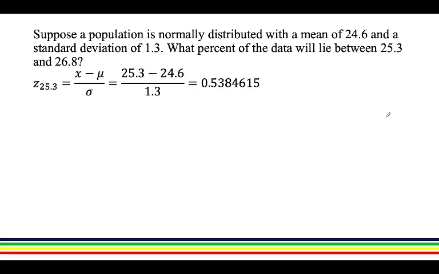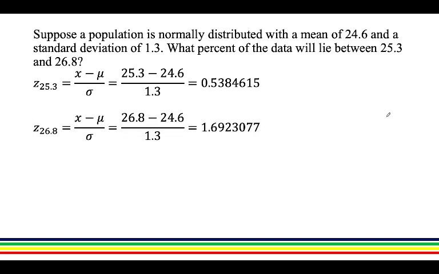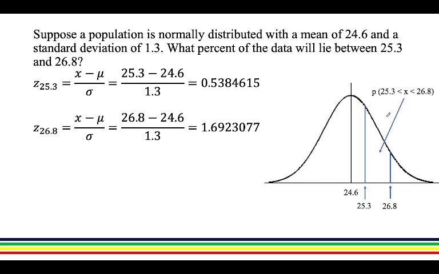And we have 0.5384615 for 25.3, and we have 1.69230077 for 26.8. In illustration, we still have a bell-shaped normal curve, but the values of the variable will change.